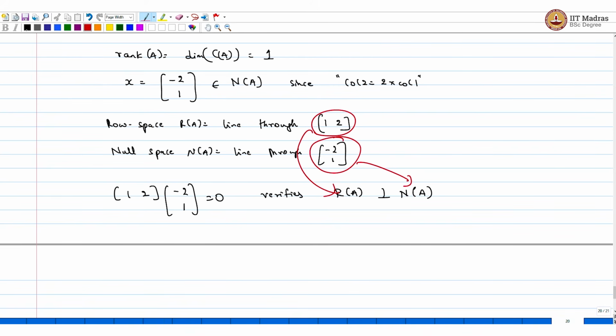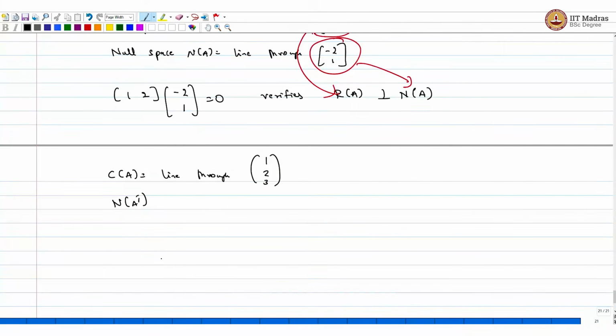So if I look at the column space of A, it's just the line through (1, 2, 3), and then the null space of A transpose is the set of all y's such that y1 plus 2y2 plus 3y3 equals 0, and this is not a line, this is a plane.